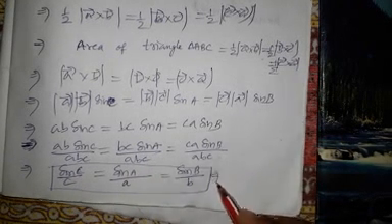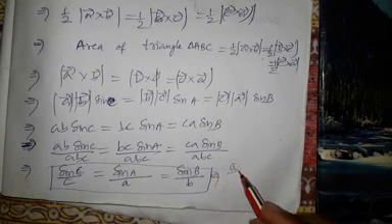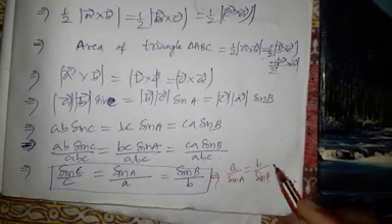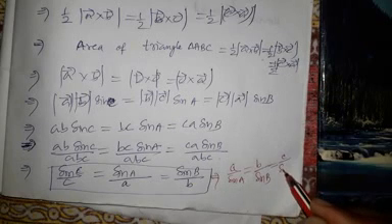That means a by sin A, b by sin B is equal to c by sin C.